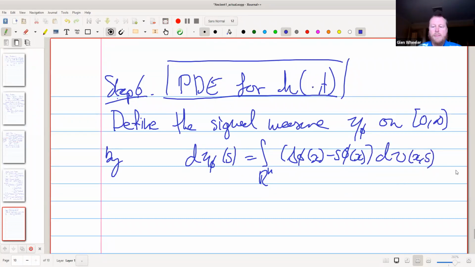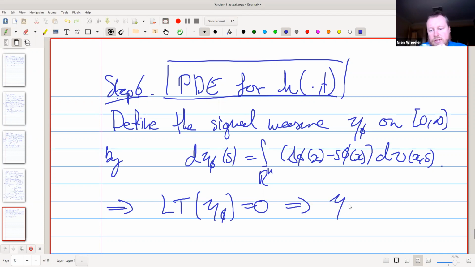Okay, and then what we've shown is that the Laplace transform, I'll just write LT, but it is exactly the thing that I wrote down a second ago, is 0, and then that implies, of course, that the measure is 0 as a measure.